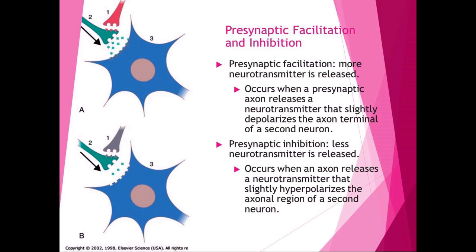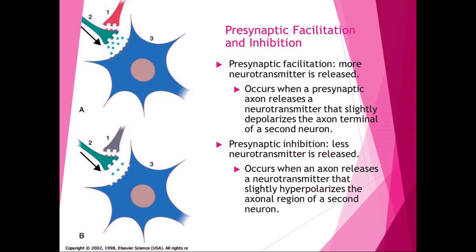Presynaptic inhibition, less neurotransmitter is released. An axon releases a neurotransmitter that slightly hyperpolarizes the axonal region of the second neuron, and it doesn't release as much neurotransmitter. It's almost like a double negative sometimes, but if you can get that facilitation and inhibition in your mind, that's a good way to think of it.